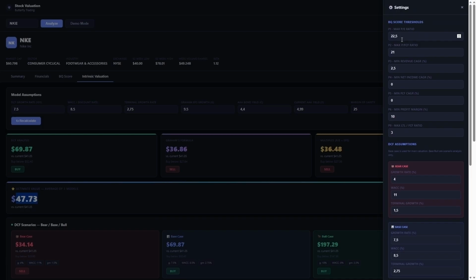But of course, if you adapt these numbers based off your specific company, like it's a well-established company or a smaller high-growth company, etc., you will get a bit more precise numbers.